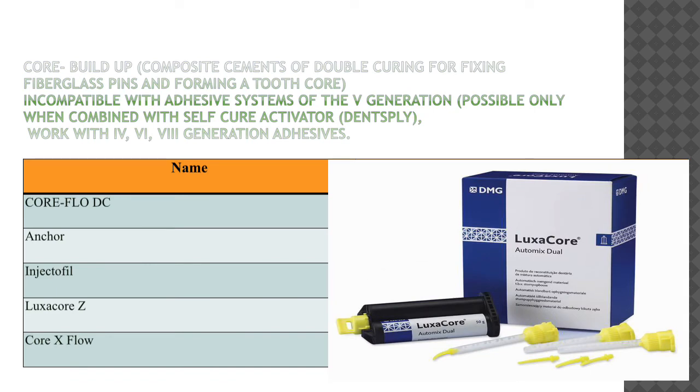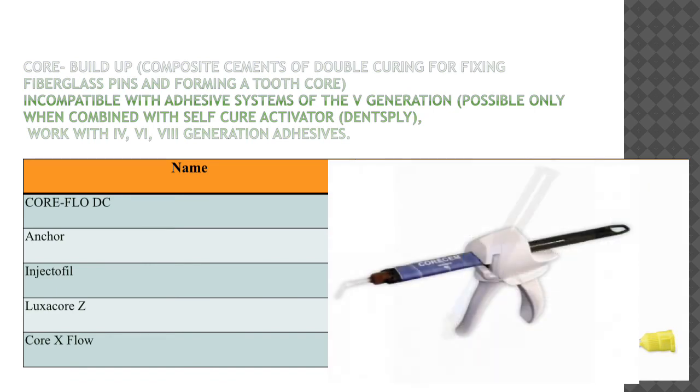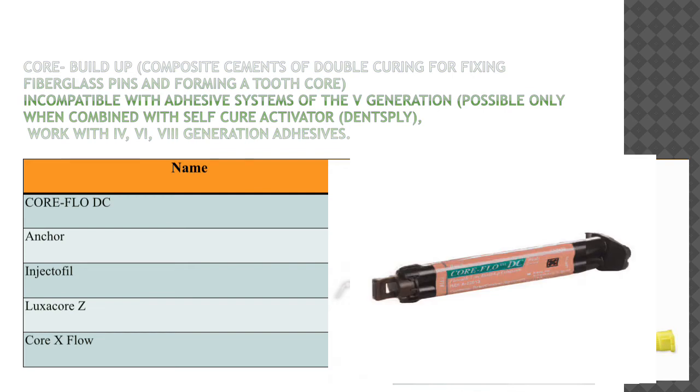Build-up composites or composite cements of dual curing for fixing fiberglass posts and forming a tooth core are also used for restoration. They are incompatible with adhesive systems of the 5th generation and work with only 4th, 6th, and 8th generation adhesives.